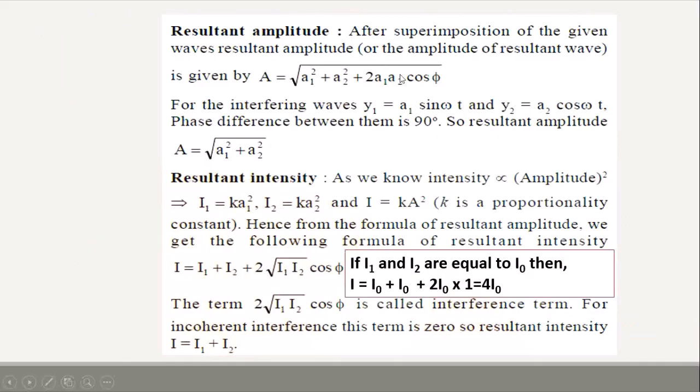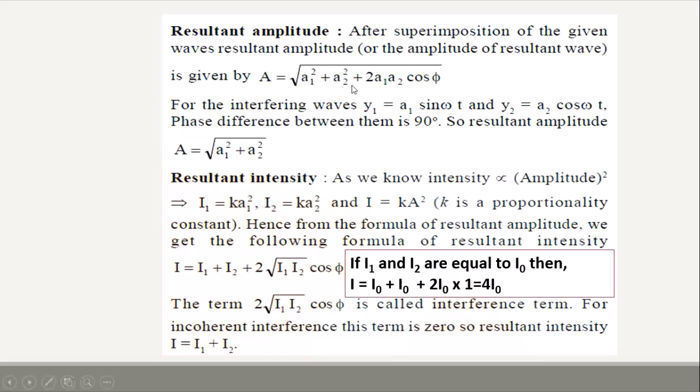And these are the two important formulas I am going to mention here, and they are very important to understand the theory of interference. Suppose I take two waves that are superimposing, and one wave has an amplitude a1, another wave has an amplitude a2.